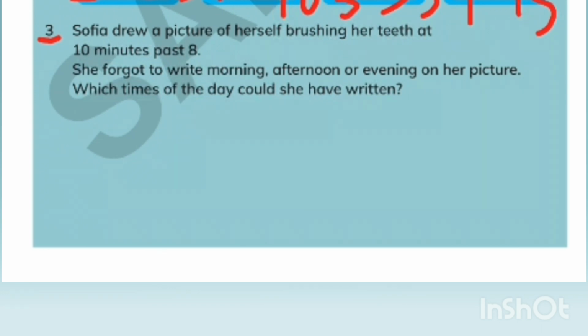Sophia drew a picture of herself brushing her teeth at 10 minutes past 8. She forgot to write morning, afternoon, or evening on her picture. Which time of the day could it be written? 10 minutes past 8 means 8 o'clock and 10 minutes, 8:10. So this is the morning time.